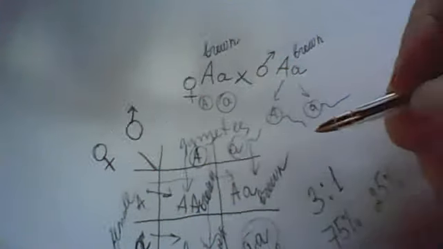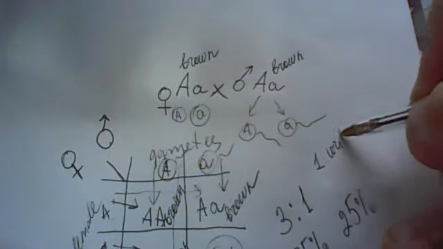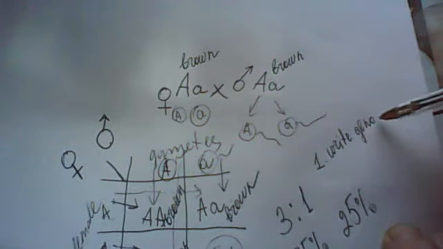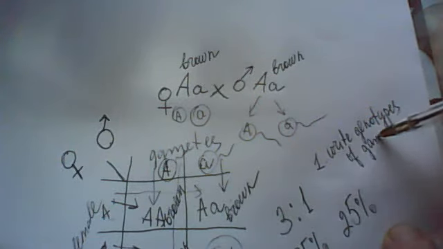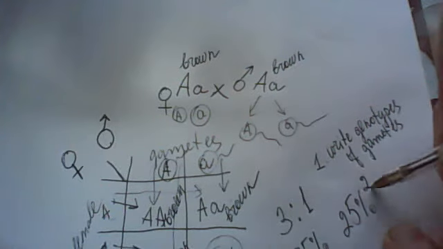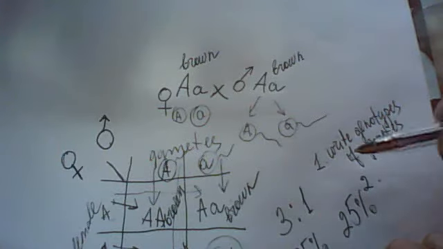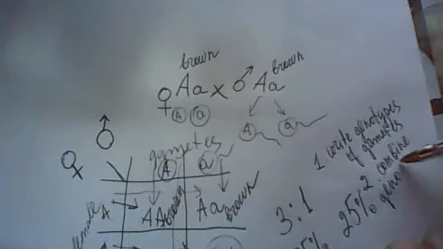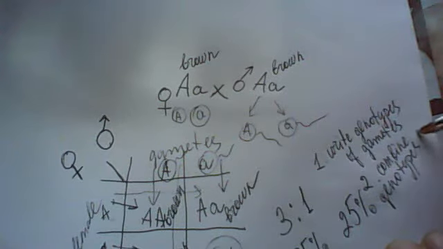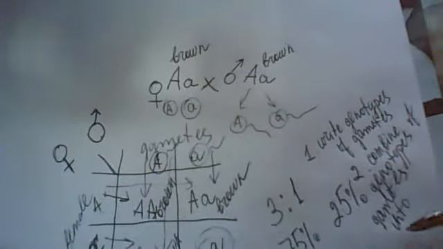So remember that step 1 is always to write genotypes of gametes. The second step is to combine genotypes of gametes into zygote.